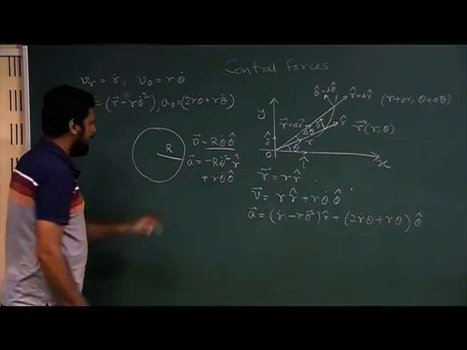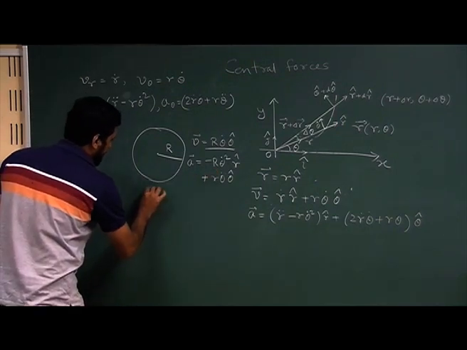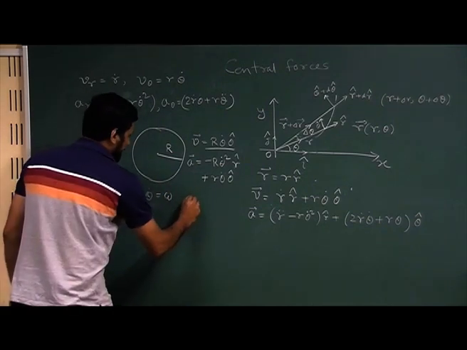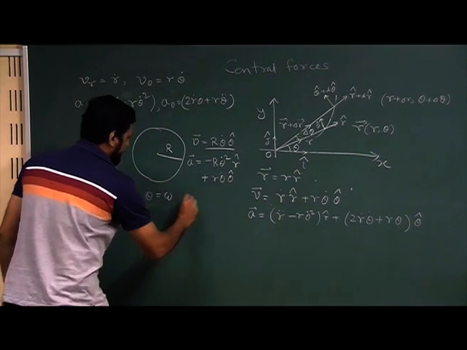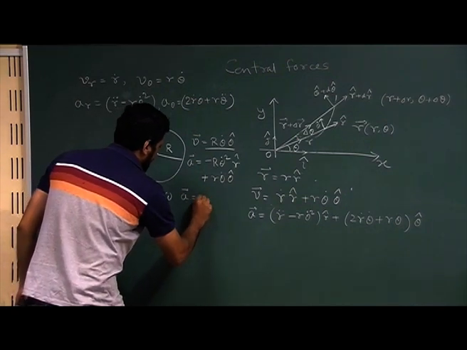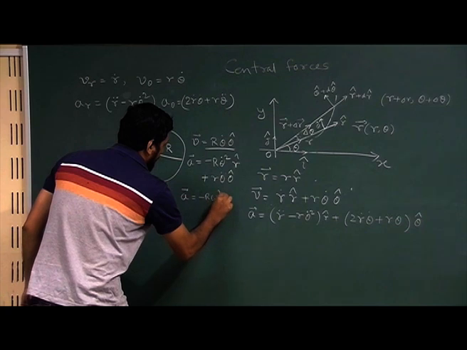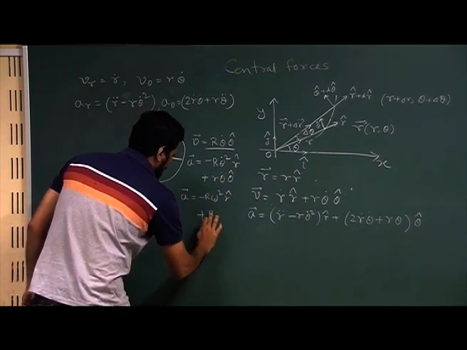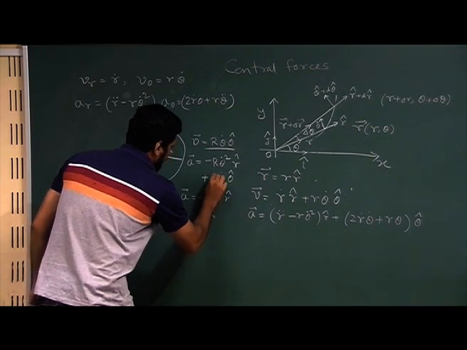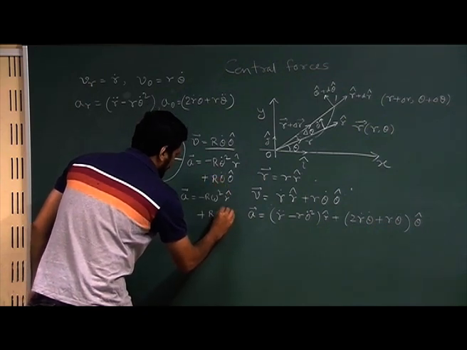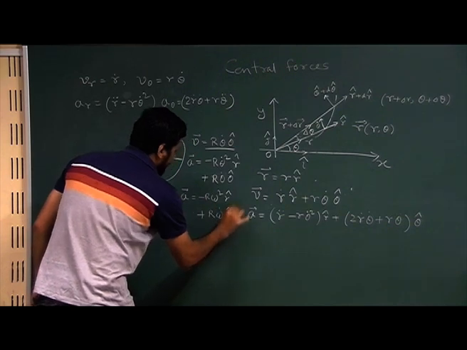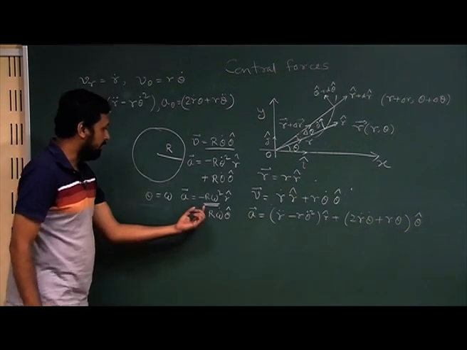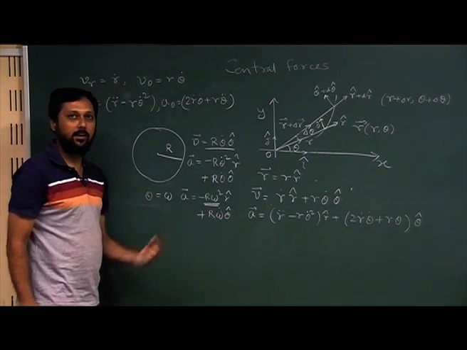If we write theta dot as omega, we can write this acceleration as a equal to minus R omega square r cap plus R omega dot theta cap, and this is nothing but the well known expression for the centrifugal acceleration.